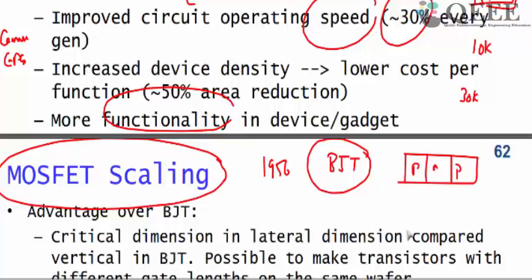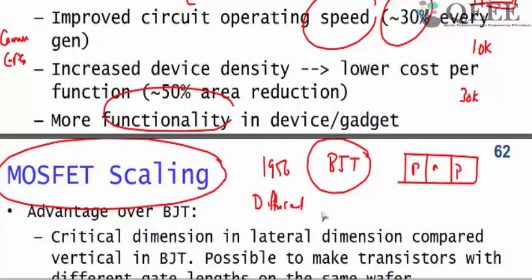In the early 50s, people used to take an N type layer and put two P type layers on either side. They were called alloy junction transistors, but they had some issues. They are not good for manufacturing. So then people moved to something known as diffused devices.